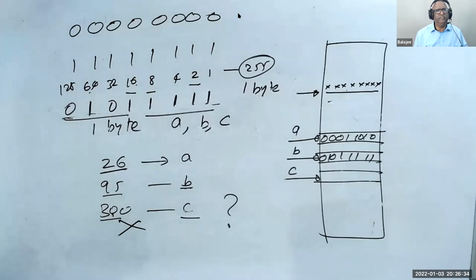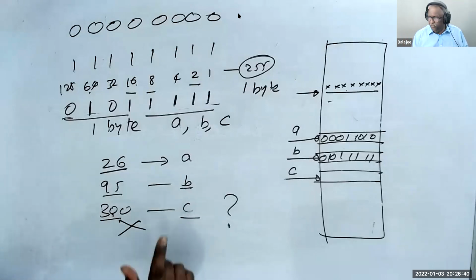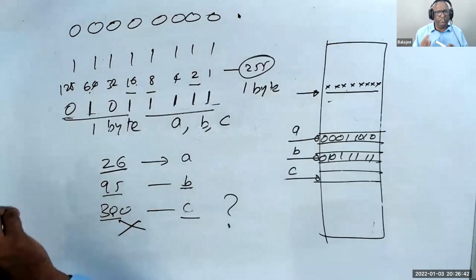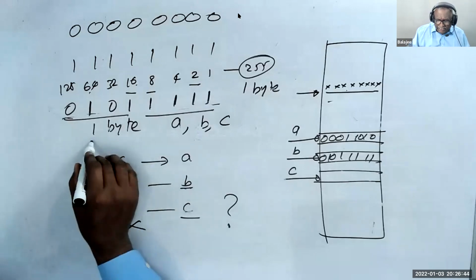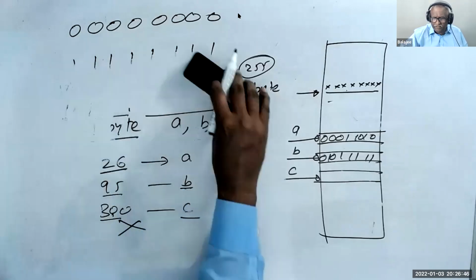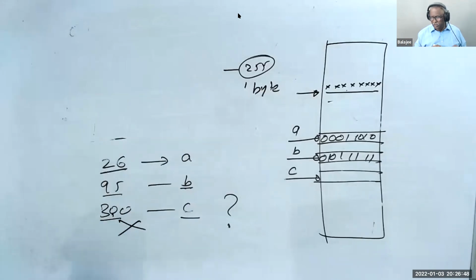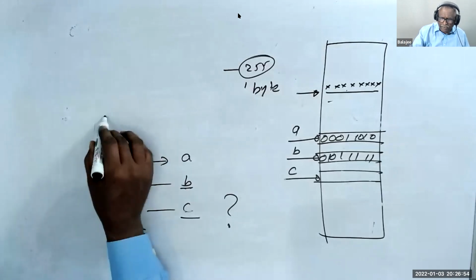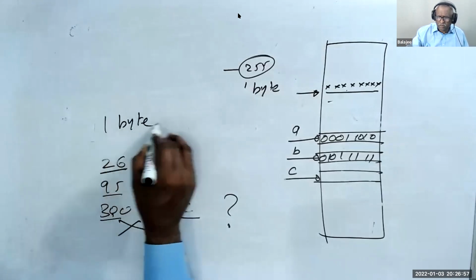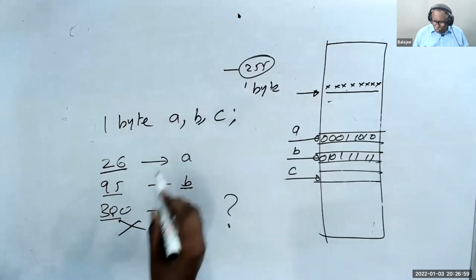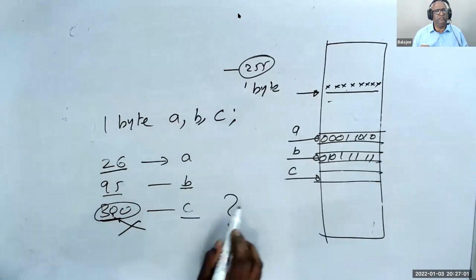Understand? This is all about your C language. Basically, allocation first. If you allocate a byte, then you cannot store more than 255. If you say 1 byte for A, B, C, you cannot store 300.